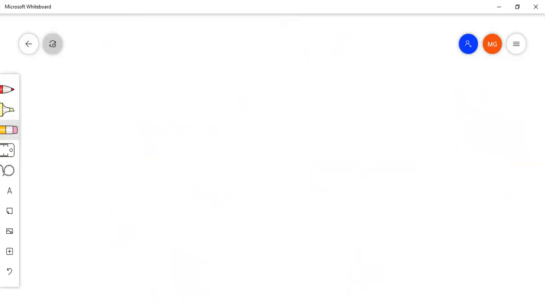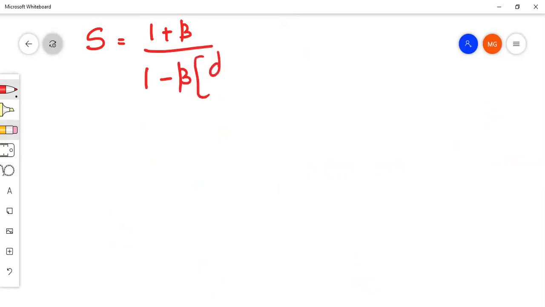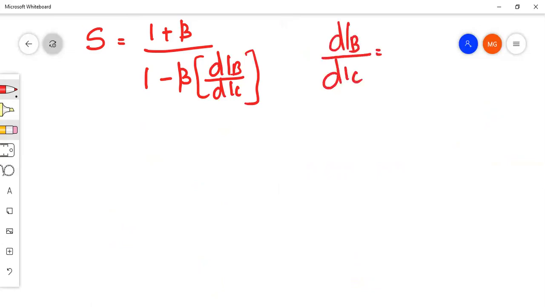The stability factor equation is 1 plus beta divided by 1 minus beta into DIB by DIC. From the analysis, we got DIB by DIC as minus RE divided by RE plus R equivalent.